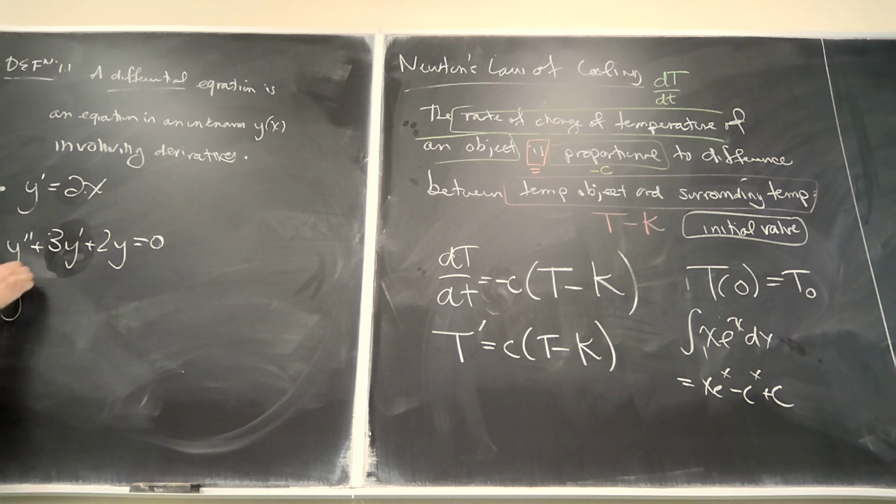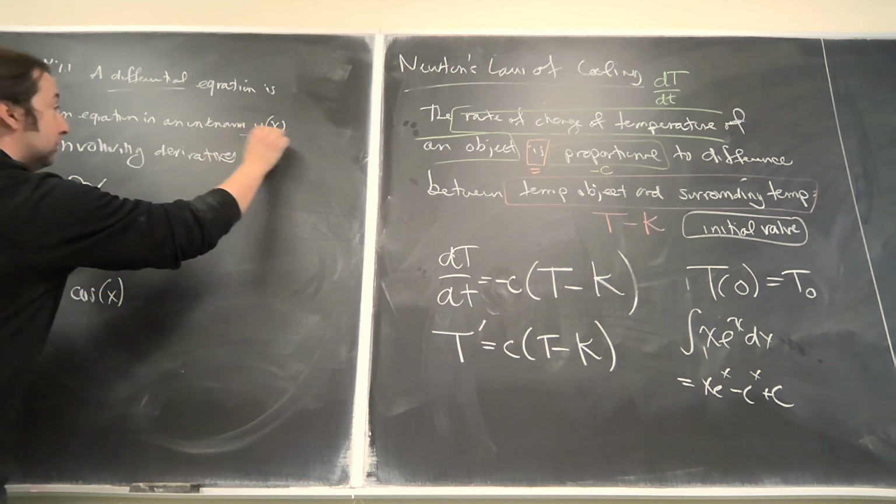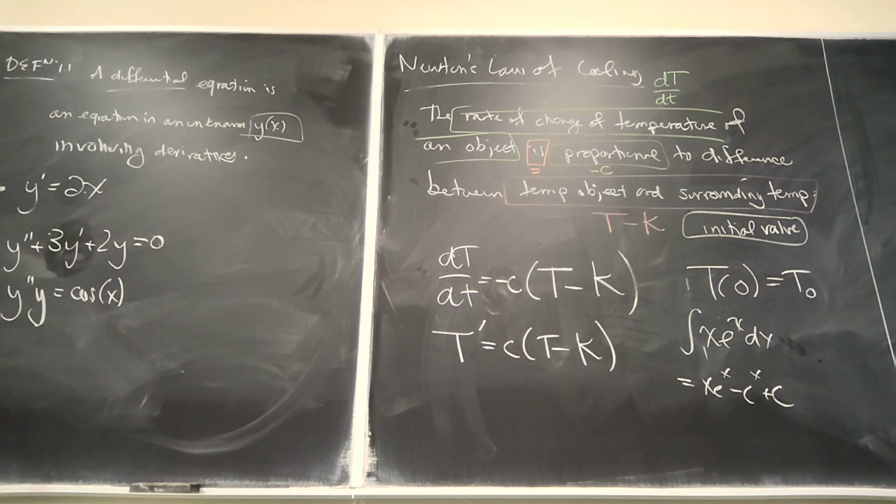Or something like y double prime times y is equal to the cosine of x. All differential equations. So just any combination of functions where we've involved derivatives. And the unknown here, we're thinking about implicitly. There's a lot of implicit functions going on here. We're thinking about y as implicitly being a function of x in all of these contexts.